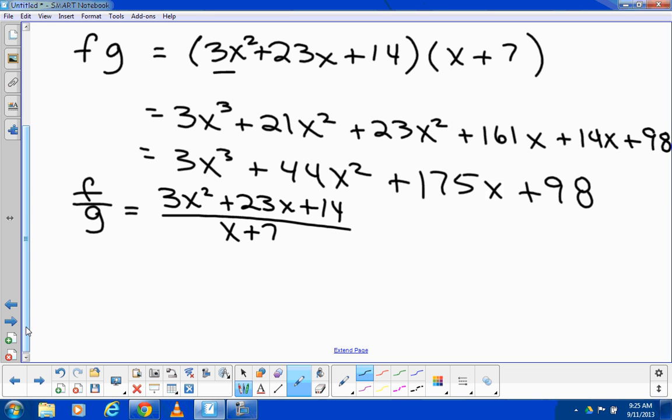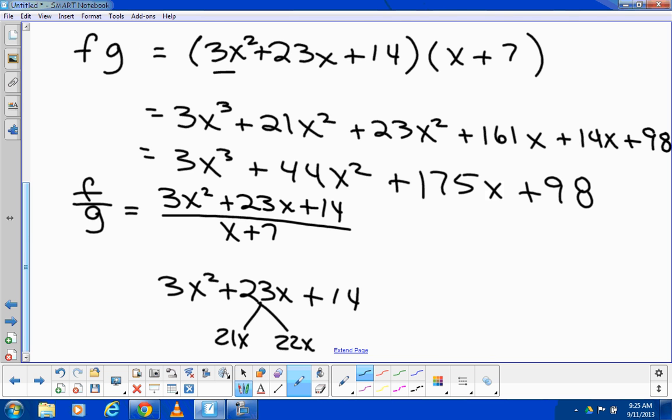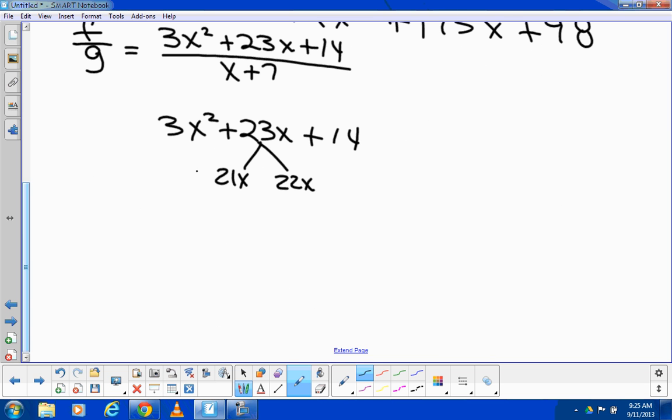Okay, so let me bring that down and just factor it. I'm going to do it on scratch paper. All right, we said 21 and 2. Okay, so 21x and 2x. All right, signs the same, they're both plus.